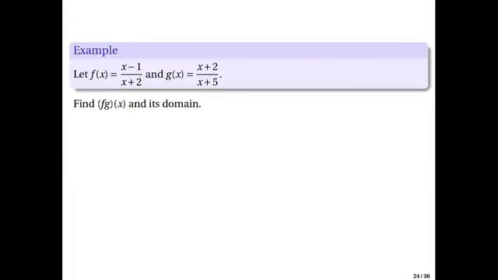Next, let's look at the product fg of x, and then we find the domain. So by definition, fg of x is just f of x times g of x. We use the function f and the function g, and then we just multiply them.